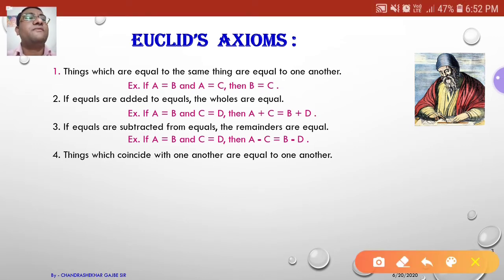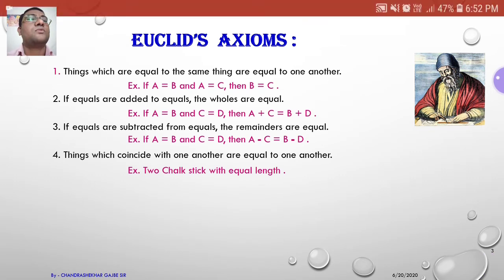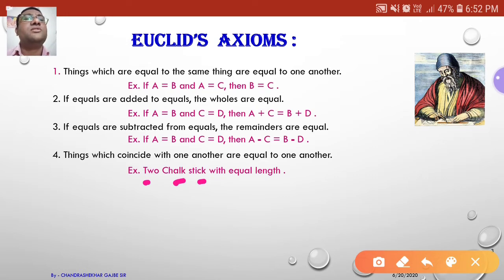So for example, when we take two chalk sticks of equal length, then those two things will coincide with each other. So that is an example for axiom number 4.